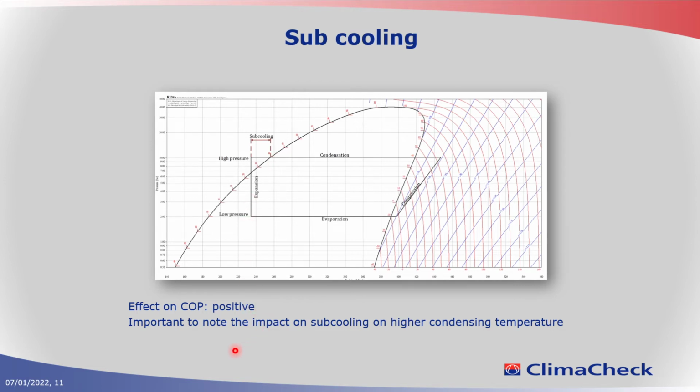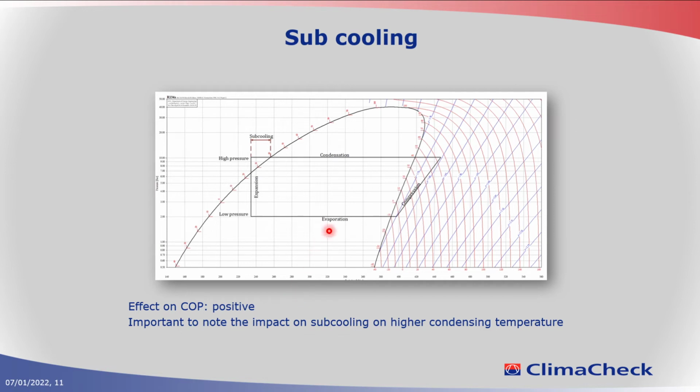So subcool is positive in most systems, but to a certain point. Typically to increase subcool, you add refrigerant, but at some point, when you add refrigerant, your condensing will go up, and that will influence the COP more.